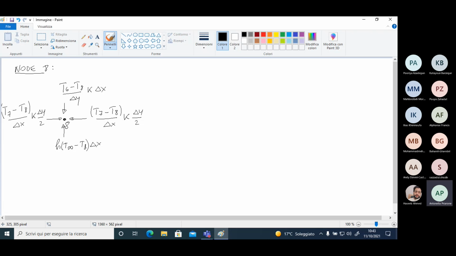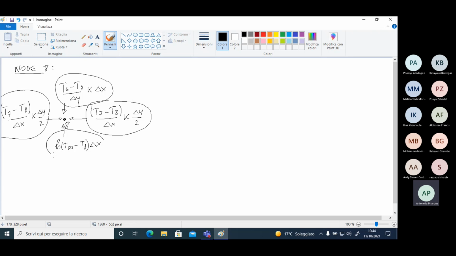The idea is absolutely the same of the previous case, so you can try by yourself to understand. This is again Fourier law, again Fourier law, this one is again Fourier law, and this one is Newton law.